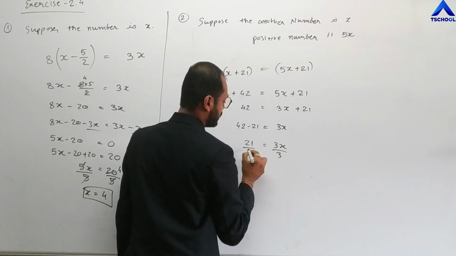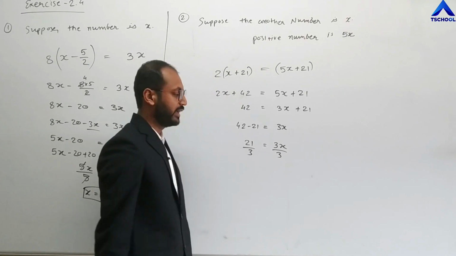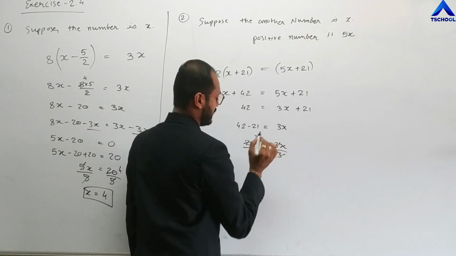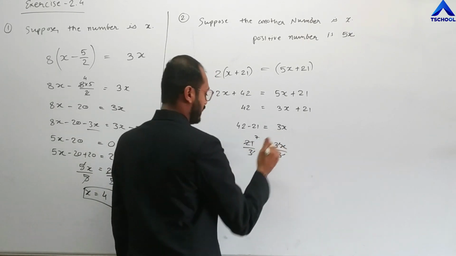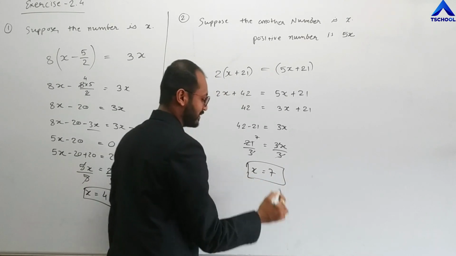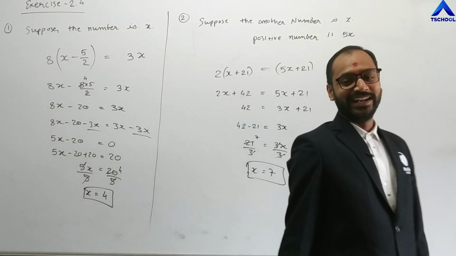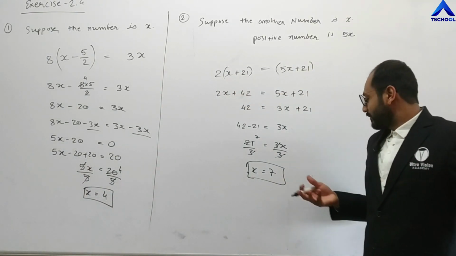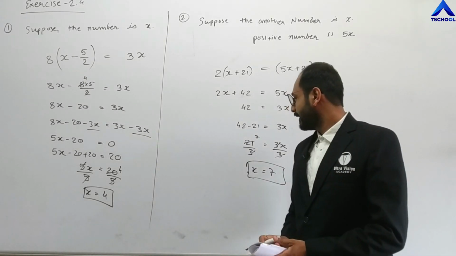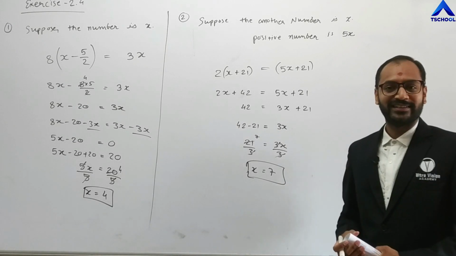Let us divide both sides by 3. What is the answer here? 3 will be cancelled, and 3 sevens are 21. So what is x? x equals 7. Our assumption is correct. We took an example previously, we don't know what the answer is, but we are taking this assumption, and that assumption is correct.